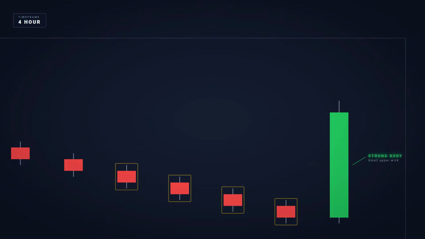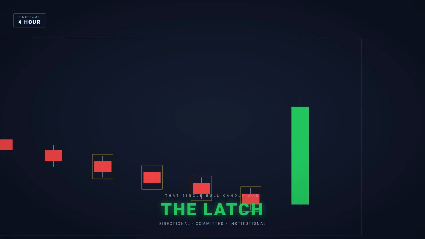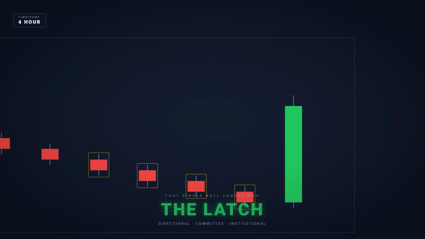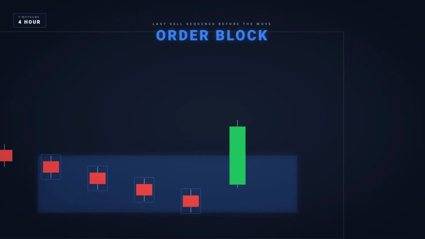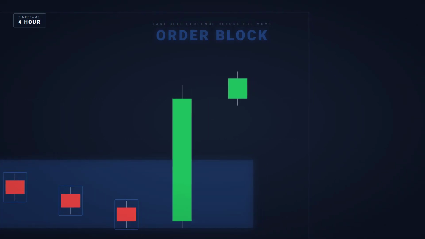Strong body, minimal upper wick, close near the top of the candle. That single bullish candle was the displacement. Something directional and committed drove price through that range. And the 4 bearish candles that preceded it, the last sequence of selling before that displacement, those are the order block, the last place where supply was being absorbed before the move began.